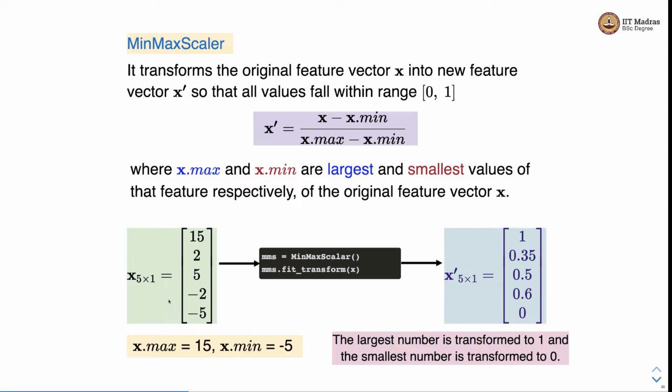You can again verify that using this formula. The value is -5, we subtract -5, so -5 plus 5 is 0, hence it gets transformed to 0. You can also check this, let's say for the value 5. We have value 5 and minimum is -5, so the numerator is 10 and the range is 20, so it is 10 by 20, hence this 5 gets transformed to 0.5.